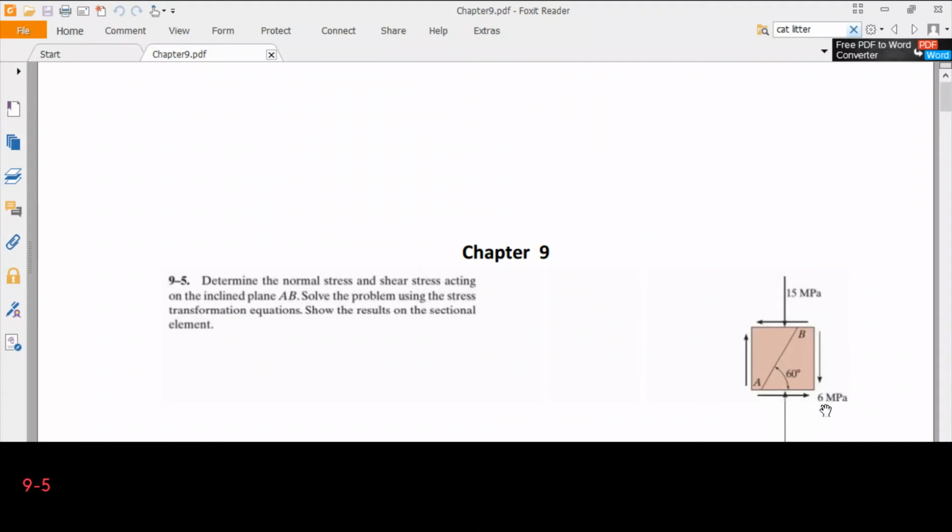The magnitude of the shear stress is 6 megapascals, and we have a normal stress component on the y-axis. We can say that the vertical axis is the y-axis, so it is minus 15 megapascals, and we are asked for the normal stress acting on the plane AB. This plane makes an angle of 60 degrees with the horizontal axis.